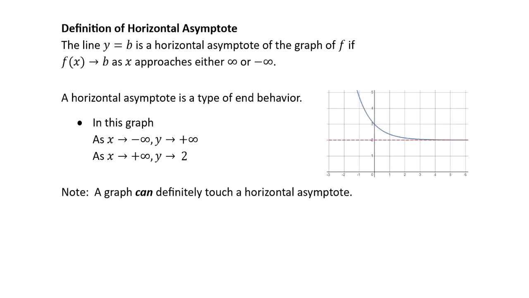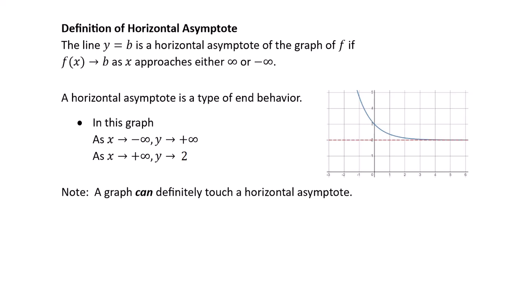Definition of a horizontal asymptote. The line y equals b, where b is a constant, is a horizontal asymptote of the graph of f if f of x approaches this constant b as x approaches either positive infinity or negative infinity. A horizontal asymptote is a type of end behavior.